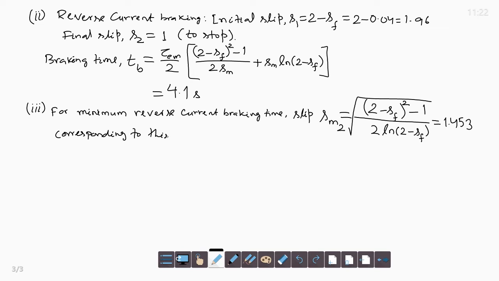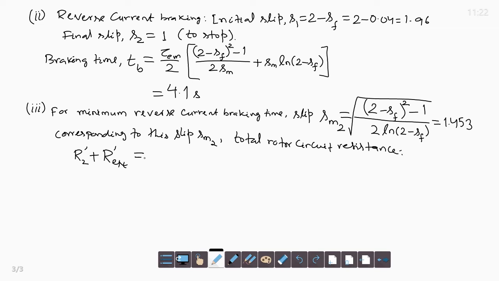Corresponding to this slip Sm2, the total rotor circuit resistance, which is R2 dash plus R external dash referred to stator, is given by Sm2 into the square root of R1 square plus (x1 plus x2 dash) square.